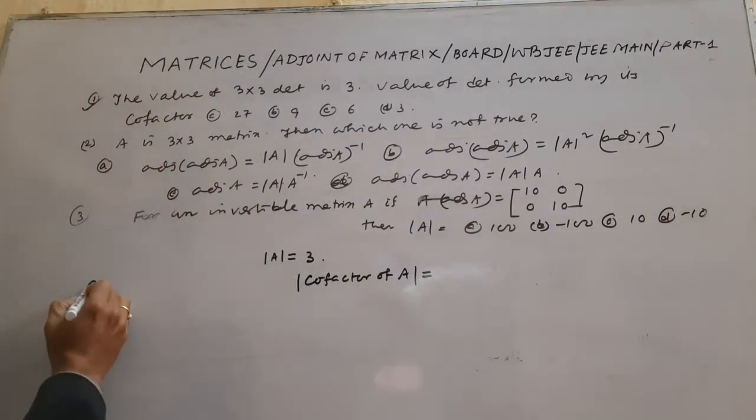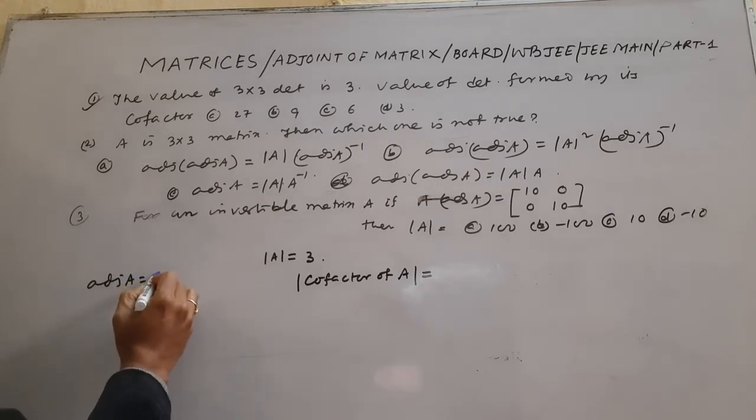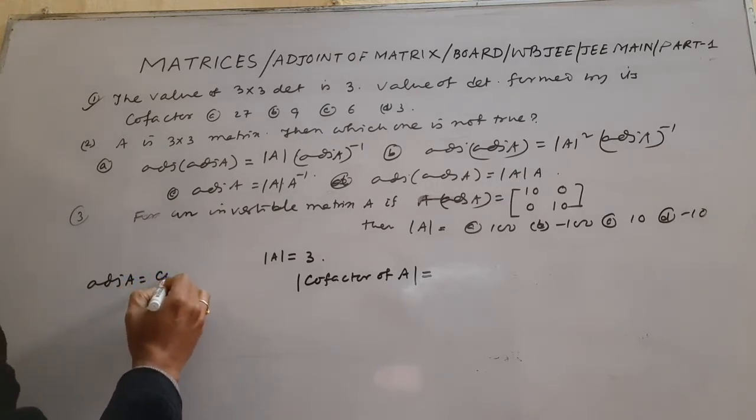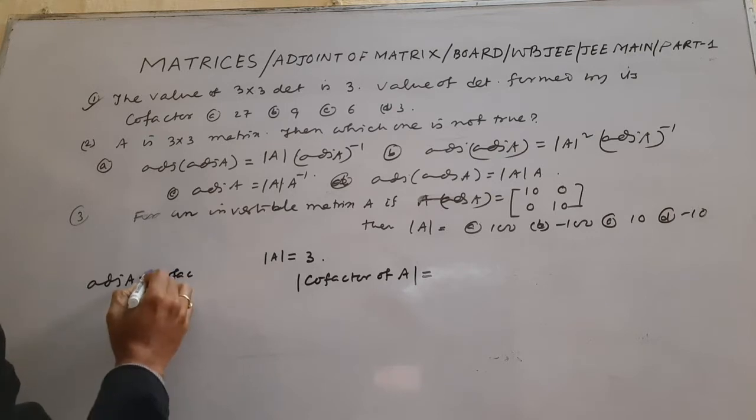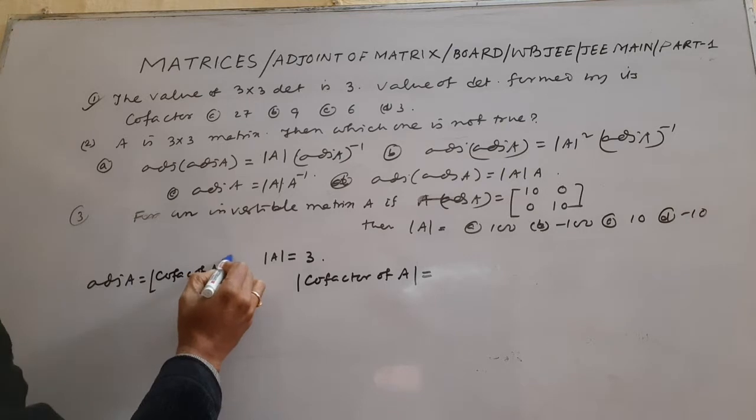So adjoint of A equals the cofactor of A, then transpose.